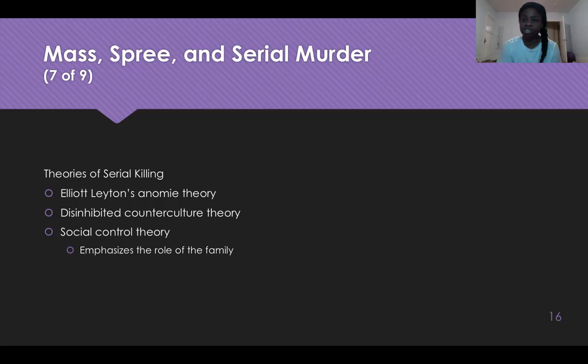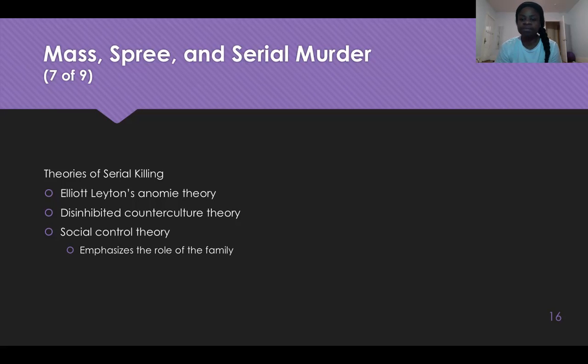And then social control theory, again, refer back to, I believe, one or two lessons ago, Robert Merton's social control theory. Social control theory emphasizes the role of the family.